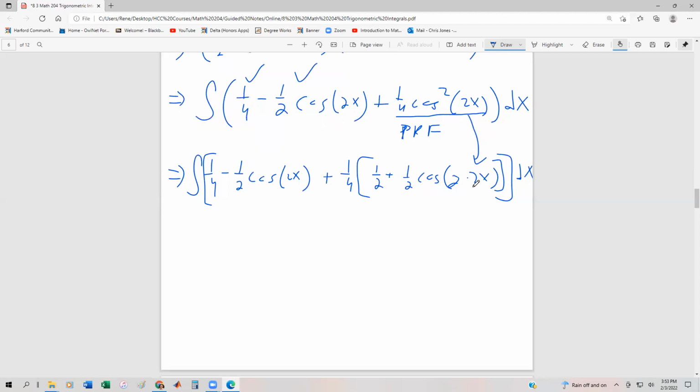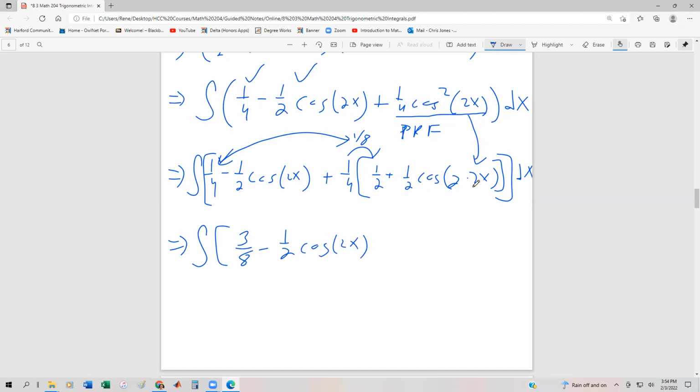All right, now we're going to clean this up. Okay, so what we can do now is clean this up, and we notice that we have a 1/4, and this is going to be 1/8. Okay, so the 1/4 and the 1/8, we're going to add those together to get 3/8. We still have the negative 1/2 cos of 2x.